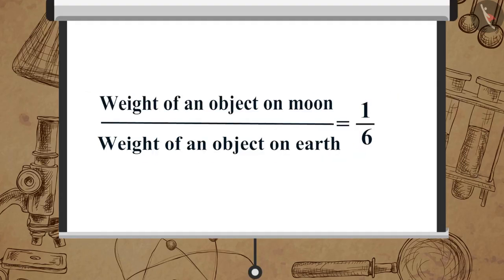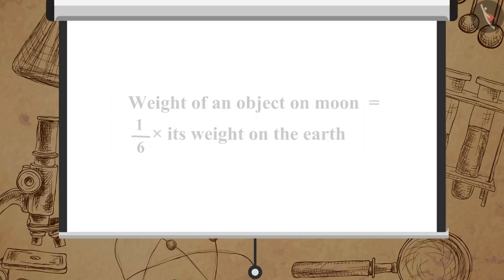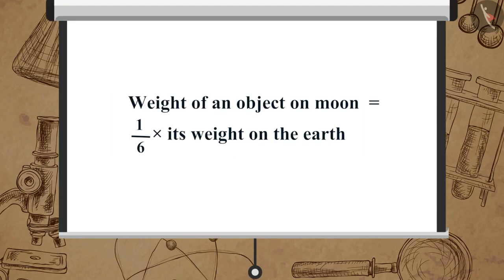Weight of an object on Moon upon weight of an object on Earth is equal to 1 upon 6. Weight of an object on Moon is equal to 1 upon 6 multiplied by its weight on the Earth.